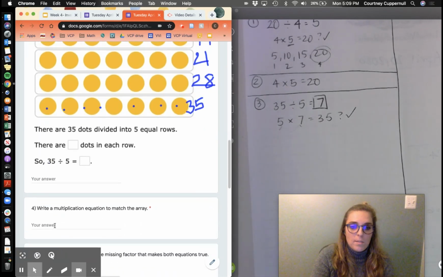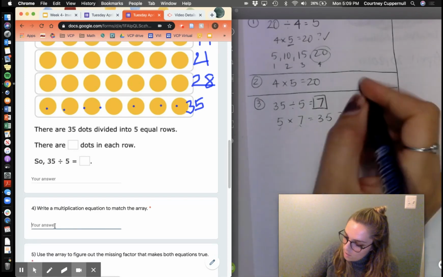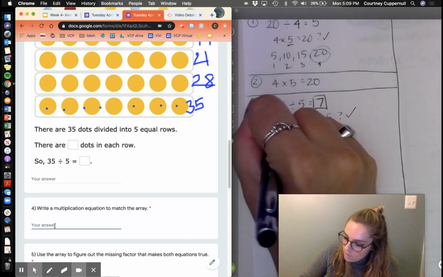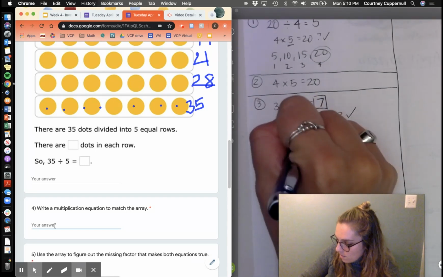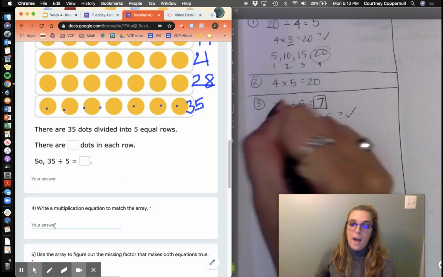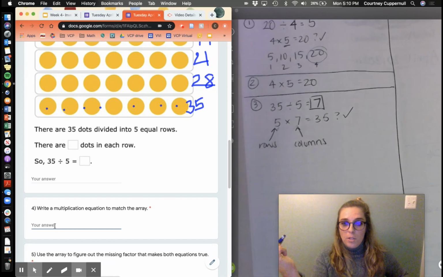However, what is the multiplication equation that matches the array? How many rows by how many columns? We know for question 4, we can think this was my number of rows. That was my number of columns in my array. So I know that that does indeed match for my multiplication equation.